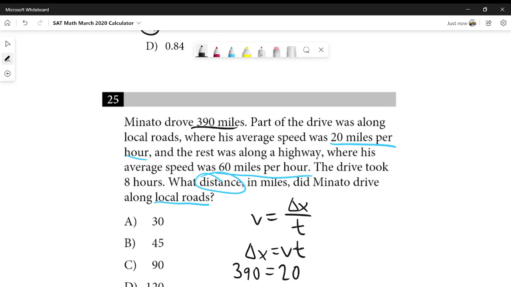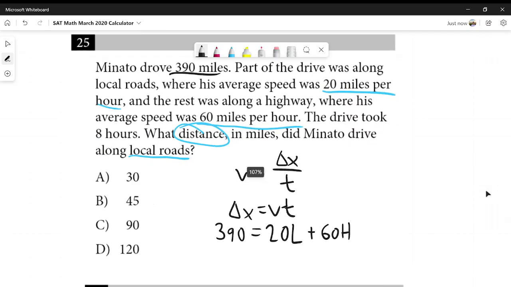Let's say that the time spent on the local roads is L, a variable L, and then we can say 20L plus 60H, where H is the time that it takes to drive along the highway. And so we set up an equation here. So 390 is equal to 20L plus 60H, right?